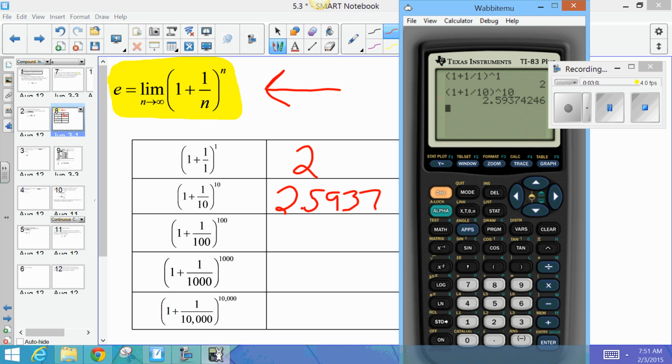All right, same thing, but n equals 100. Oops, I messed that up. Let's start again. I messed it up again.